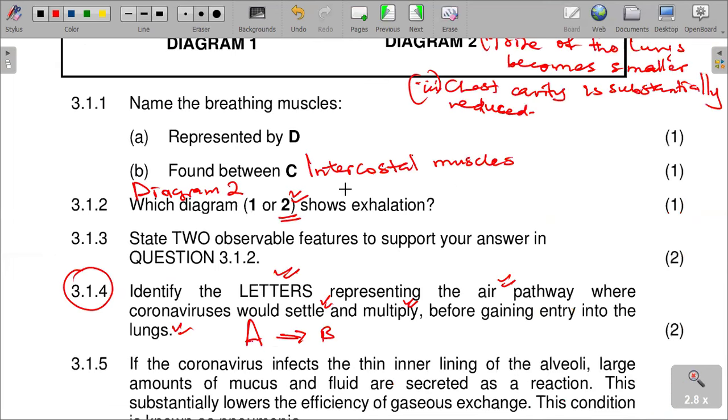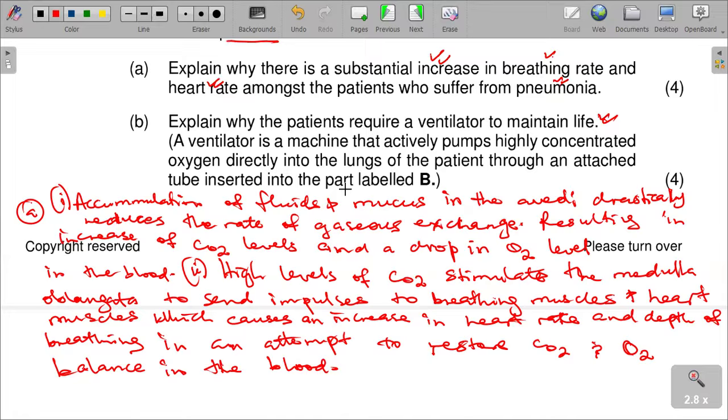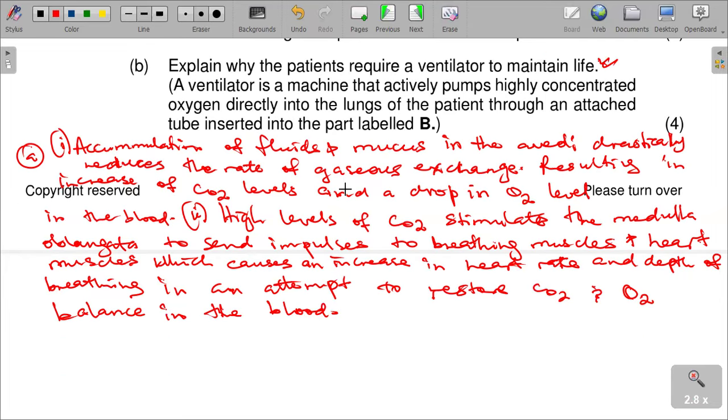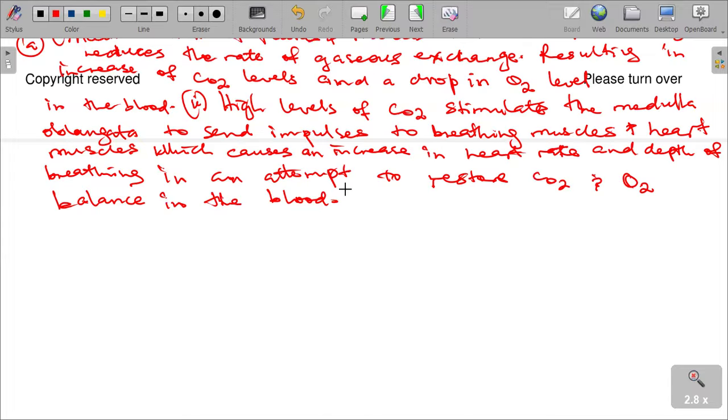So why would patients require a ventilator to maintain life?